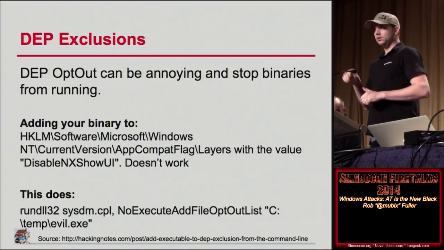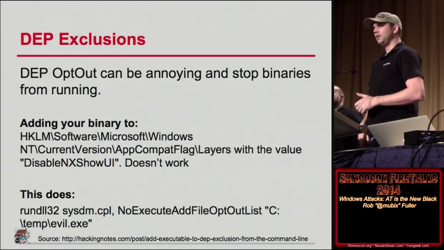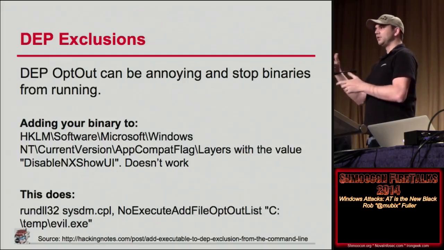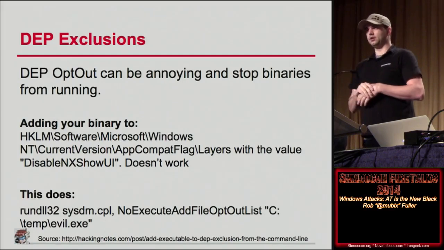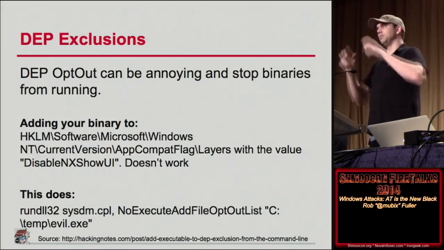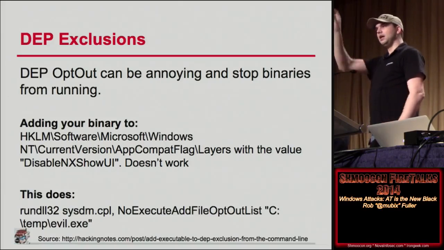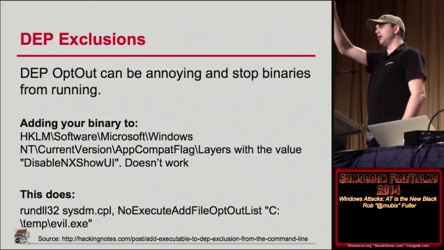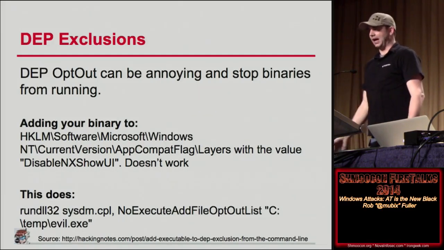When you run it on a remote system and it doesn't work, if DEP is turned on for opt-out, it's going to make a big pop-up on the screen of whoever's logged in saying, hey, this tried to execute, would you like to approve it or not? It's not DEP compliant. Really bad when that happens.